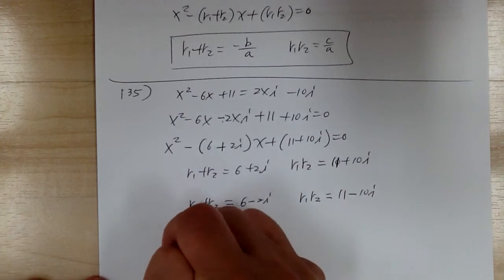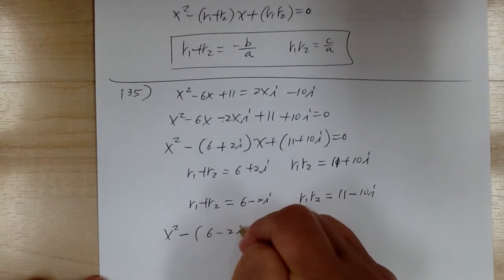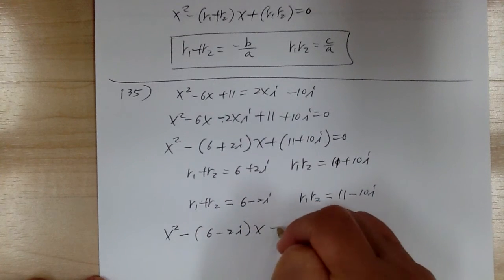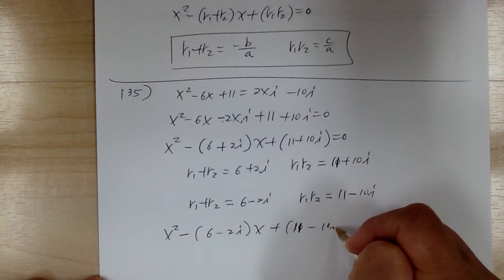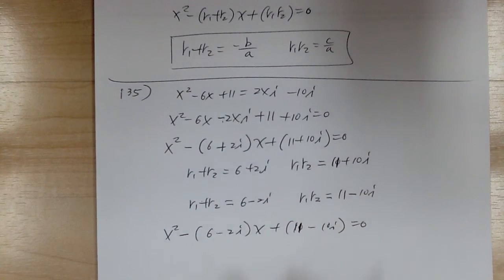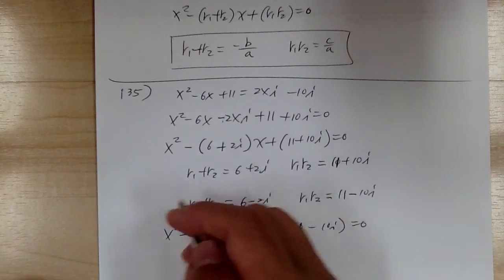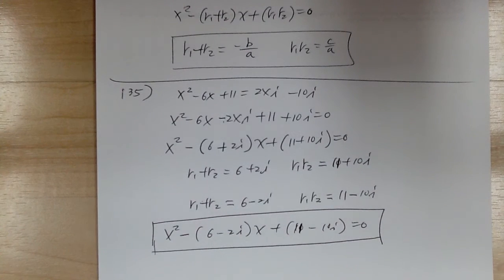So you got x squared minus 6 minus 2i x plus 11 minus 10i equal to 0. And that's it. That's what was asked for. Okay. Okay, let's go to 136.